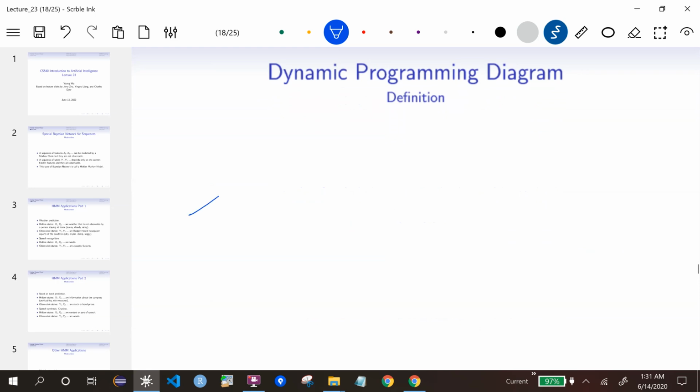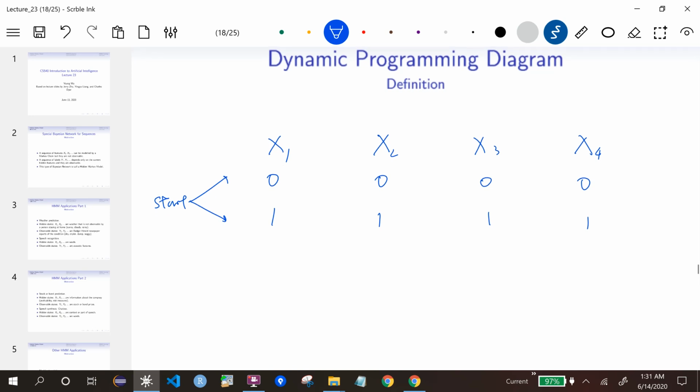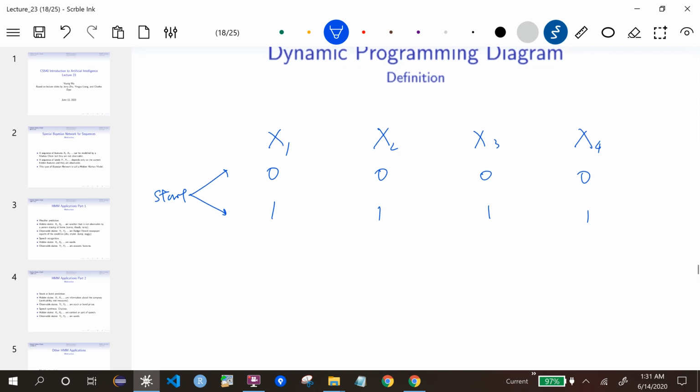Here we start with the start. So x1 can be 0 or 1. That's our first state. We don't know yet. And x2 can also be 0, 1, x3, 0, 1. Suppose we have a sequence of only 4 values. What we will do is figure out the probability of y1.